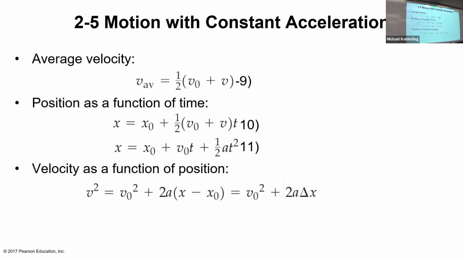And given that average velocity is 1/2 initial velocity plus final velocity, position is initial position plus average velocity times time.